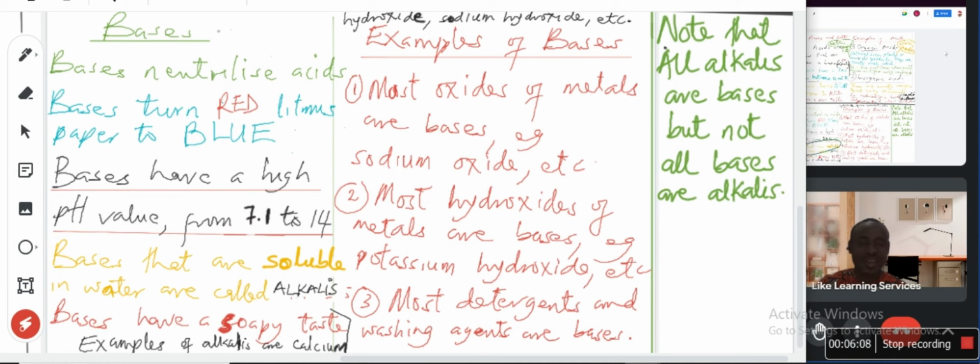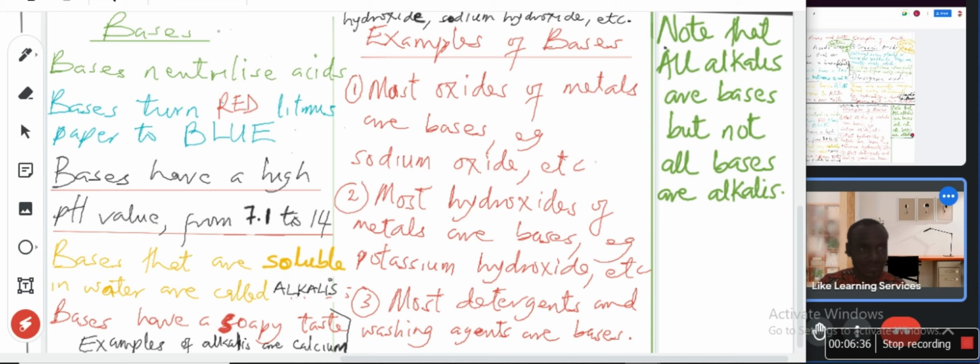Not all bases can dissolve in water. The ones that can dissolve in water are called alkalis. Some don't, and they are just generally called bases. So all alkalis are bases, but not all bases are alkalis.